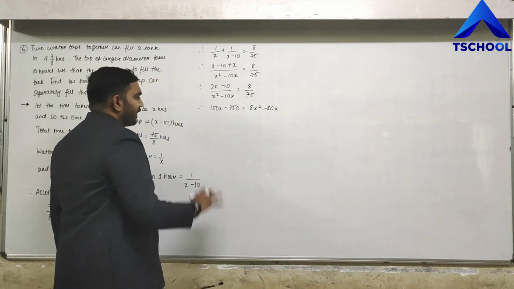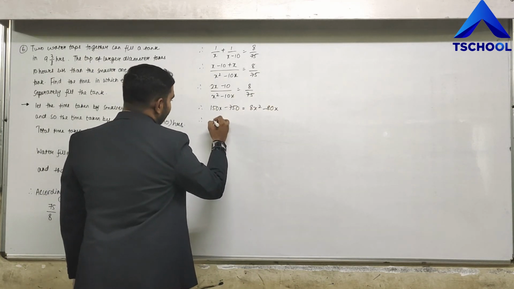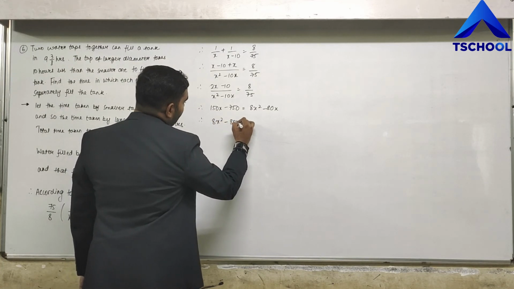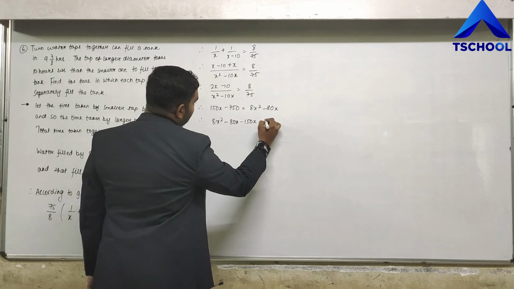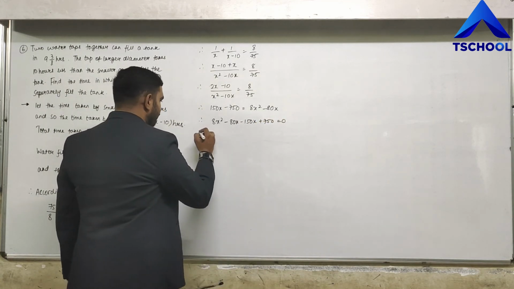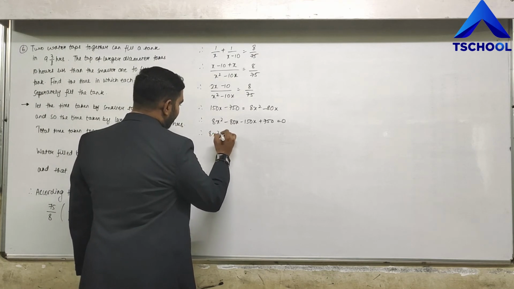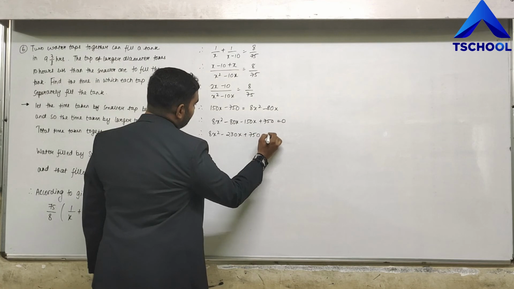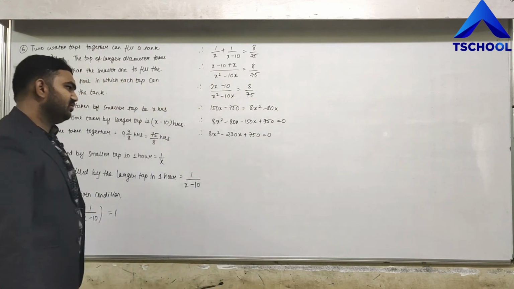Taking this both on the other side, that will give me 8x square minus 80x minus 150x plus 750 is equal to 0. Therefore, 8x square minus 230x plus 750 is equal to 0.